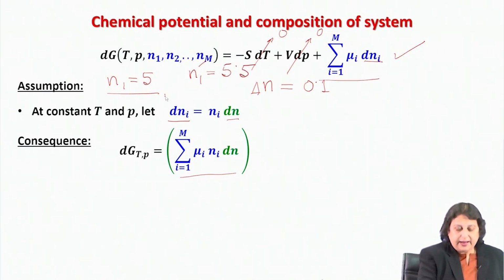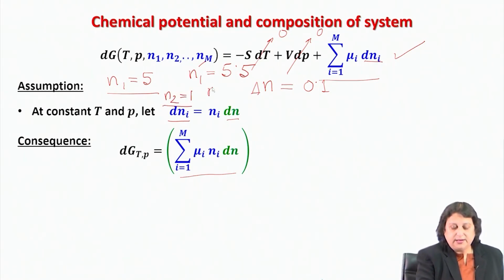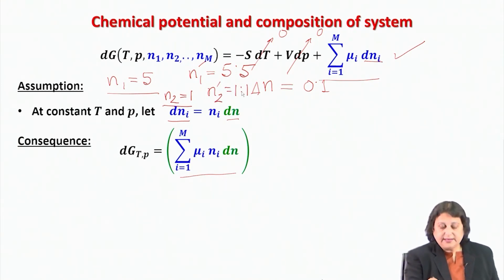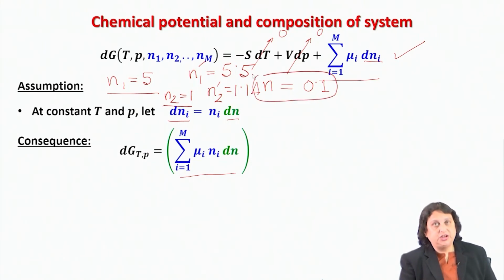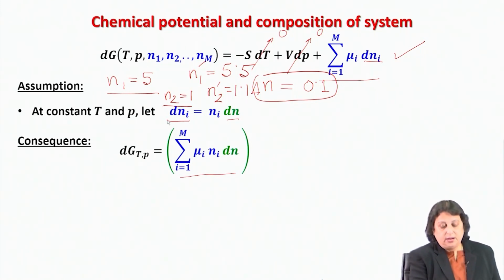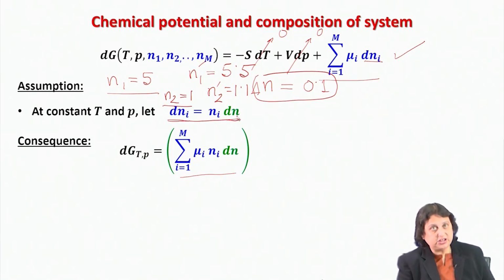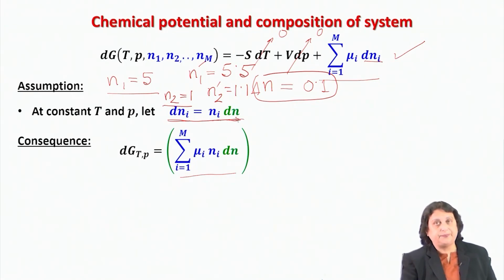If I have N2 equal to 1 mole, then in the new state N2 prime is going to be 1.1. That is because each type is undergoing a change by the same extent. So this is what I mean: for an infinitesimal change in the composition of each type, dNi is equal to Ni into dN.